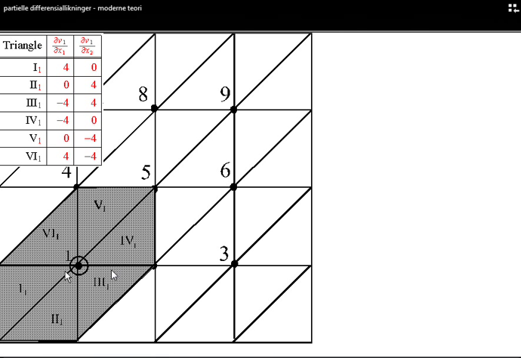In this triangle we obtain that the partial derivative of V1 with respect to x1 is minus 4. This is because the function is decreasing from 1 to 0 here, and it's also decreasing from this point 1 to 0 here.